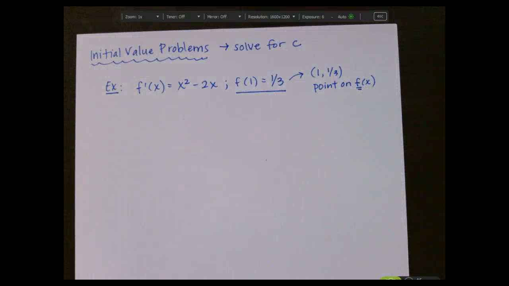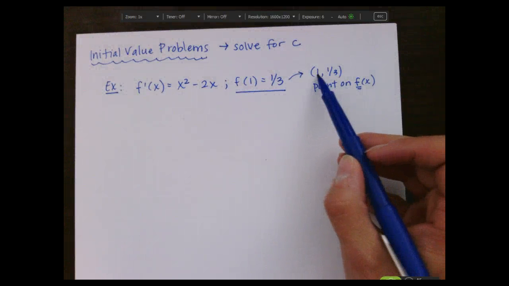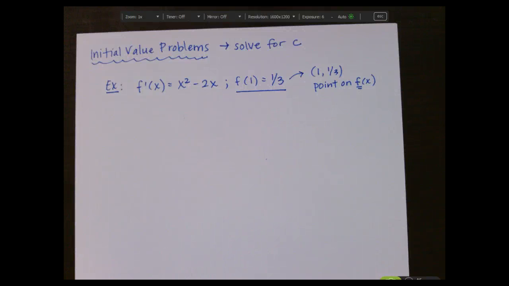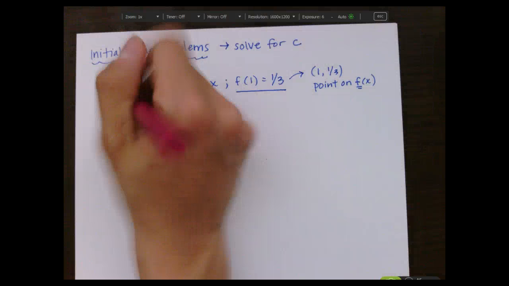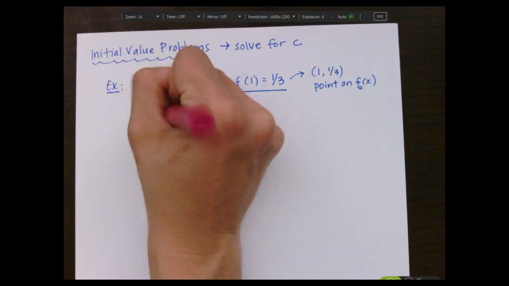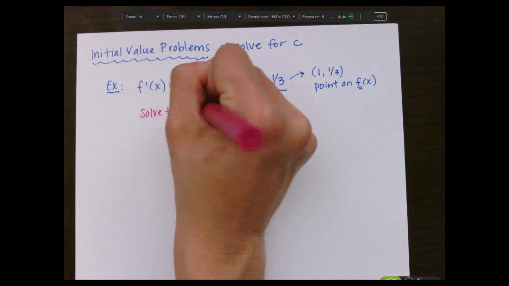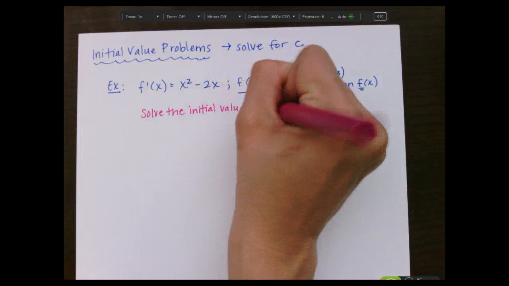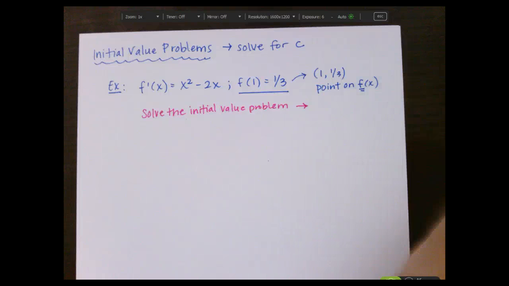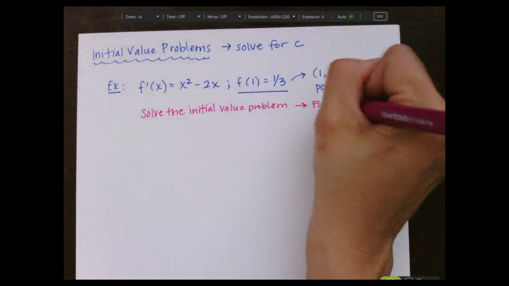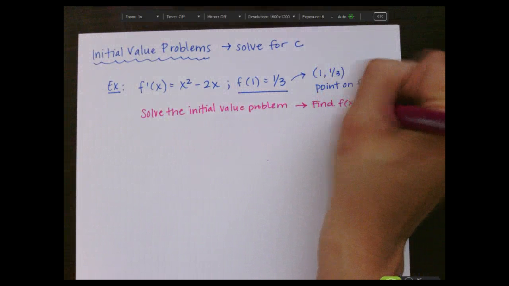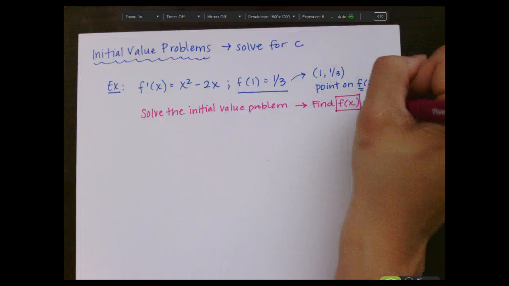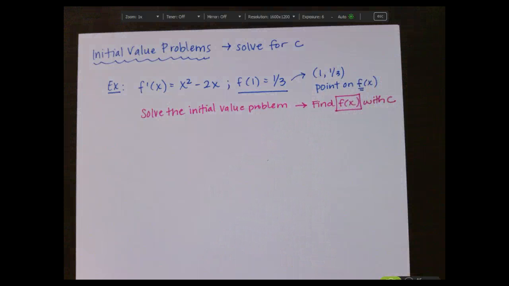Okay, so the original function f has a point, or an ordered pair, where if x equals 1, then y equals 1/3. And so what we're asked to do is to solve the initial value problem. That would be the directions. And so what that really means is to find f with the specific value c.